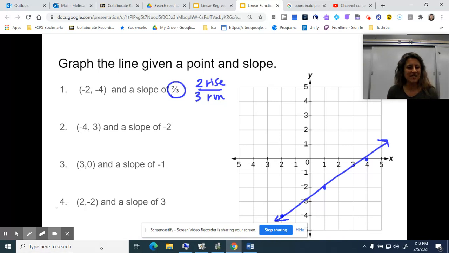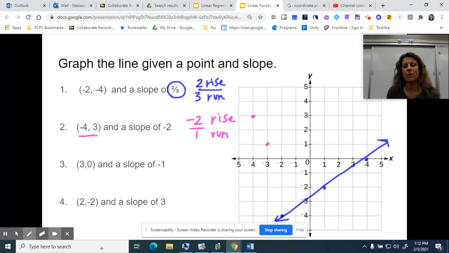Okay, let me switch colors and repeat that process. So let's say we have the point (-4, 3), and our slope is -2. I'm going to stick that over 1 to make it a fraction. So my rise is -2 and my run is +1. I'm going to go down 2 and +1 to the right.